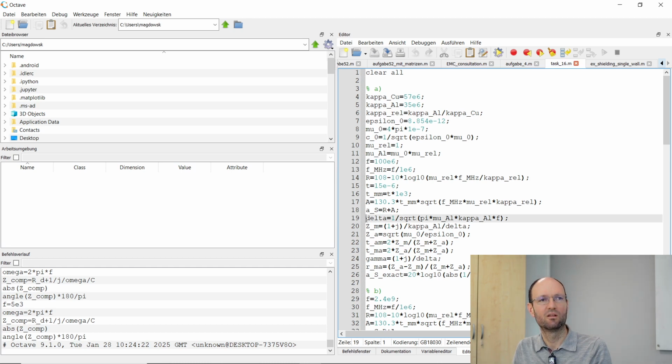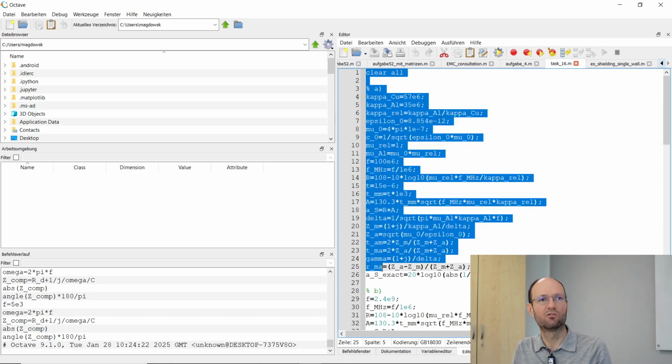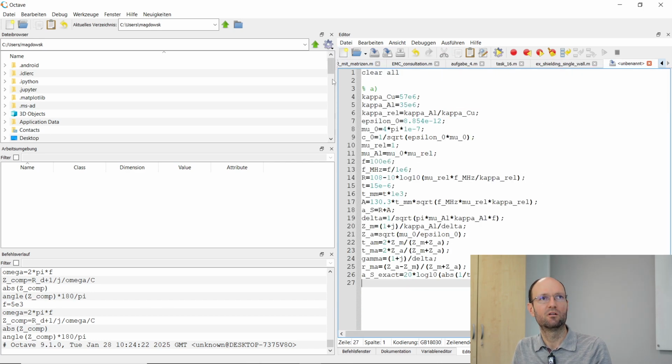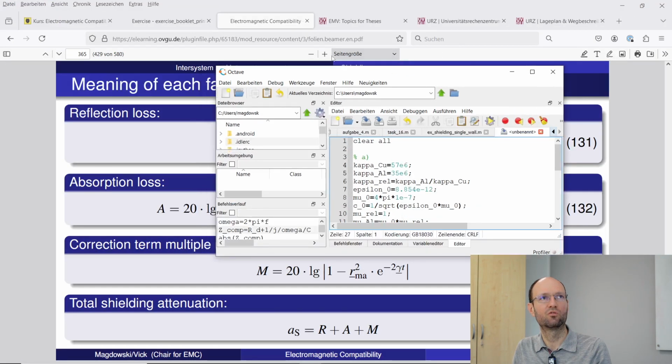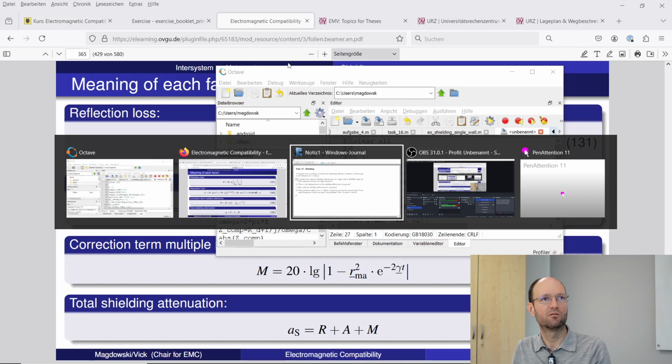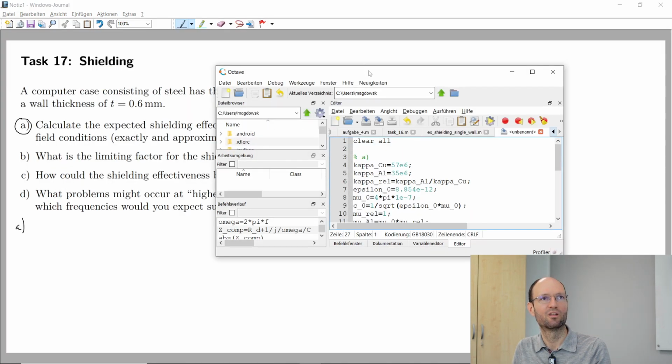And so this was the exact solution that I can more or less copy here. So maybe I will take the whole solution and copy it into a new script, and then we can see how we can combine this with our calculation here.